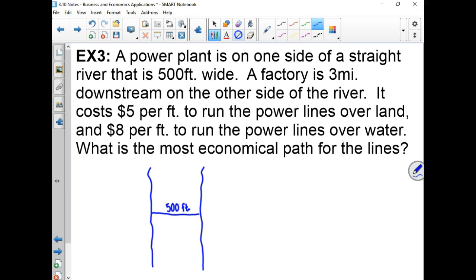So we've got our power plant over here, and then 3 miles downstream on the other side, we have our factory.